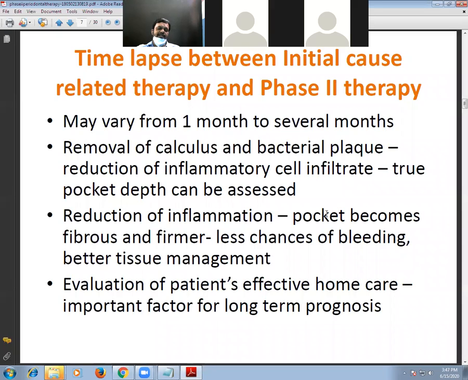There is less chance of bleeding, and we can manage the tissues in a better way. So tissue management can be better during your phase 2 therapy, that is the surgical phase. Then there is the evaluation of the patient's effectiveness, whether the patient is maintaining oral hygiene measures. This is an important factor for the long-term prognosis of the tooth.